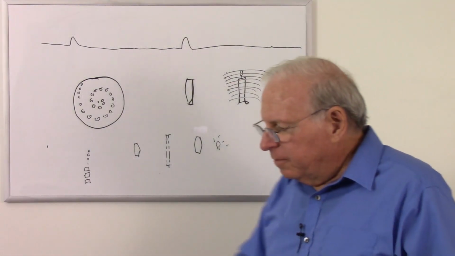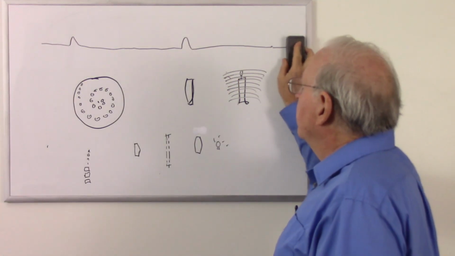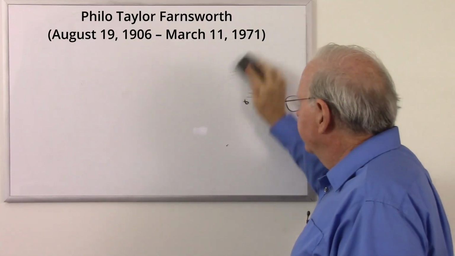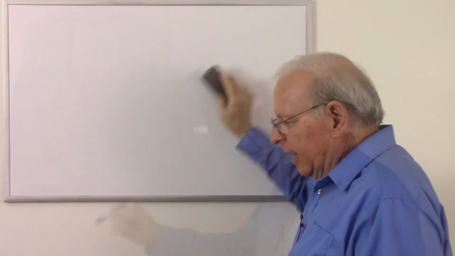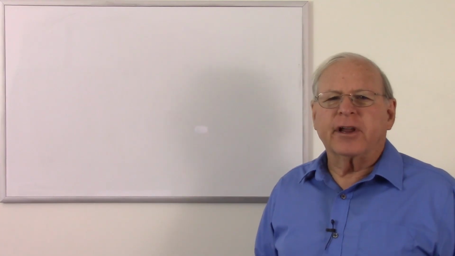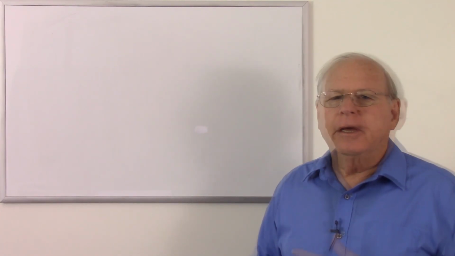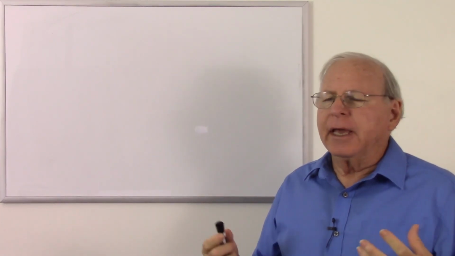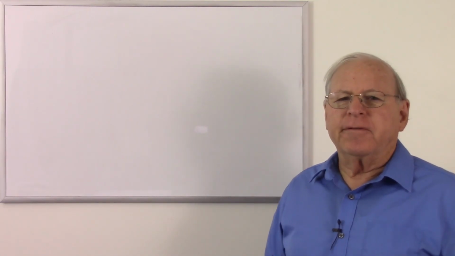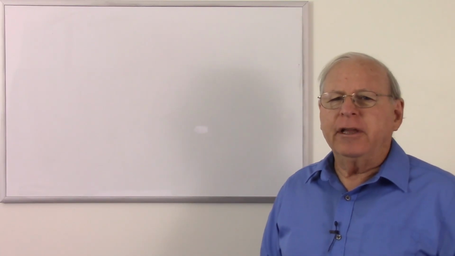Now along comes a 12-year-old farm boy in Idaho by the name of Philo Farnsworth. He's living on a farm that was electrified, which was not very common in 1918. Because of that and some equipment that he could tinker with, he developed a very strong interest in electricity.